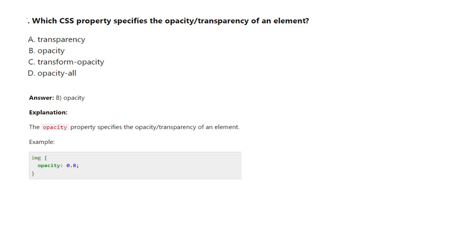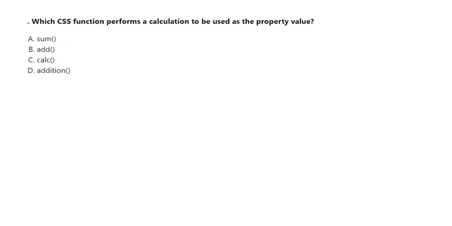Here they have used opacity on an image. You can also use it in H1, H2, H3, P, and in your ordered and unordered lists. Wherever you want, you can use it with any HTML tag.